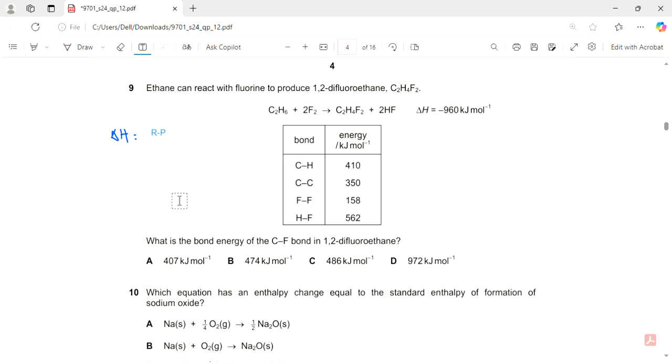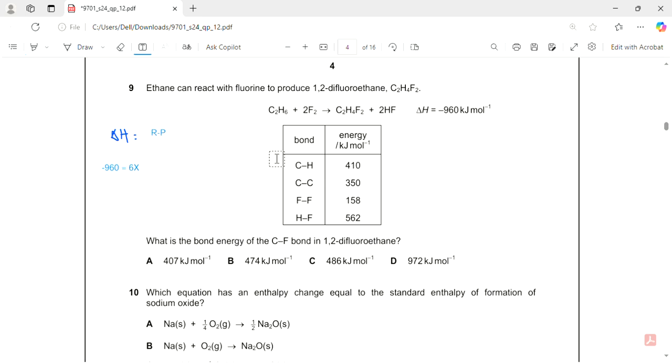I'm writing here: minus 960 is equal to, there we have the 6 CH, which is 6 into 410.